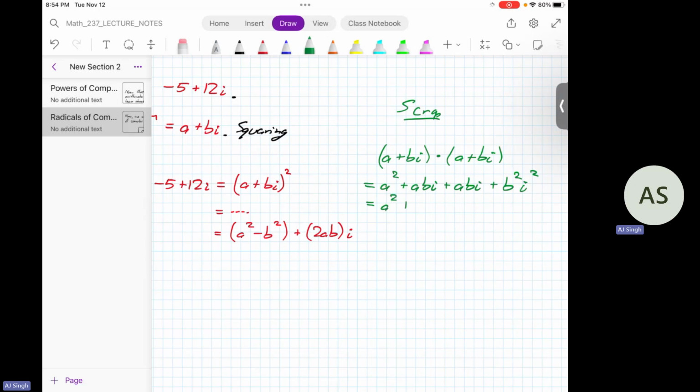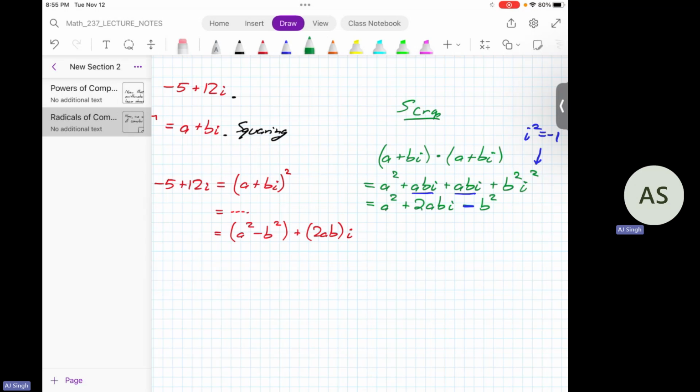So you would have this. And then these two blue guys are actually like terms. So double abi, and then we're going to have minus b squared, because i squared equals negative 1.